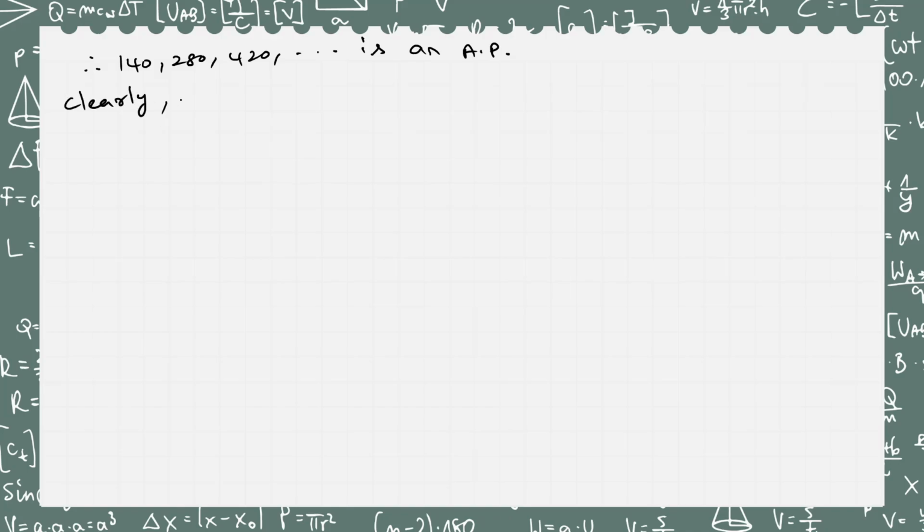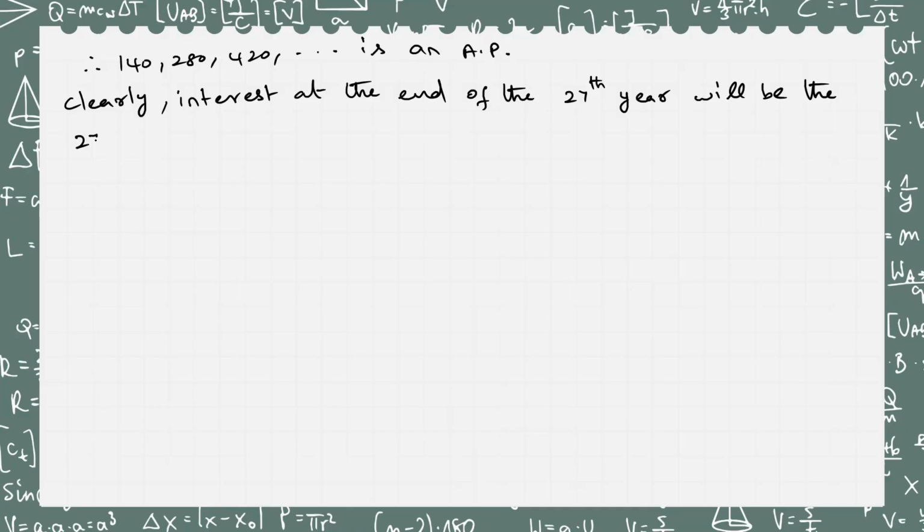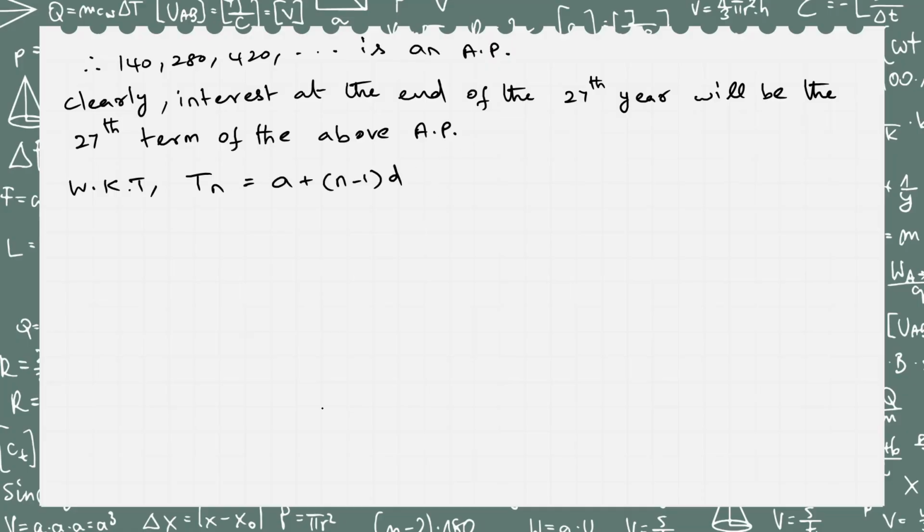Clearly, interest at the end of the 27th year will be the 27th term of the AP. We can easily find the term 27 by applying the formula for this. We know that nth term equal to a plus n minus 1 into d, where a and d are the first term and the common difference, right? So, that implies term 27 equal to first term is 140 and the common difference is also 140.